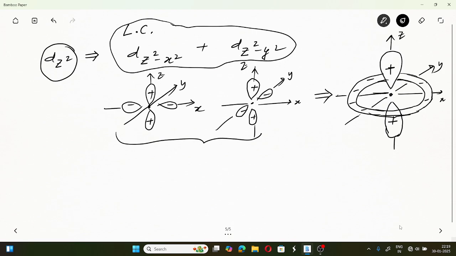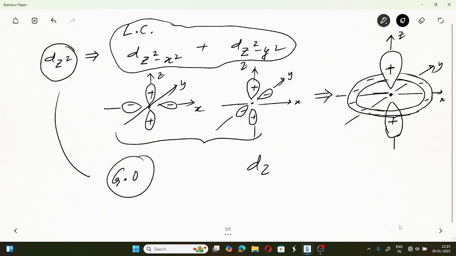Just I'm telling you from this idea, if you look at Huheey's book or any other normal textbook, you'll find it is properly written over there. So in this way, we will be able to construct group orbital having matching symmetry with dz square.